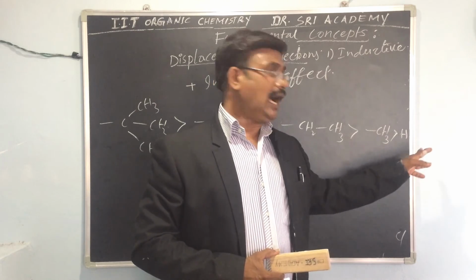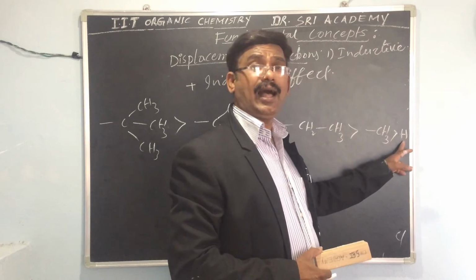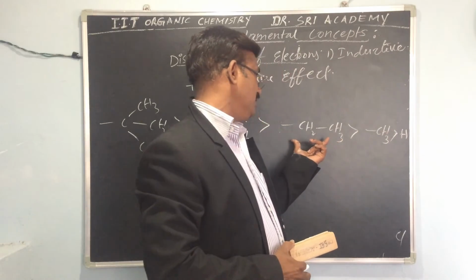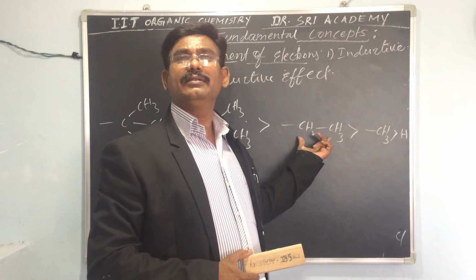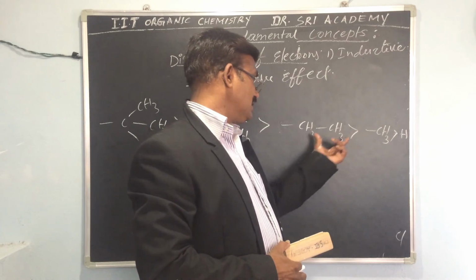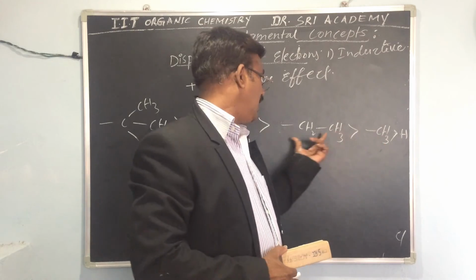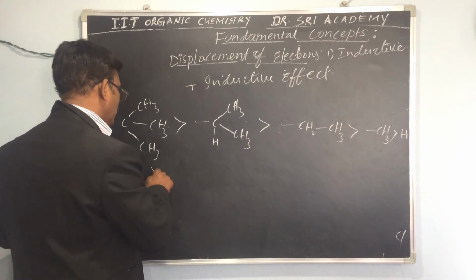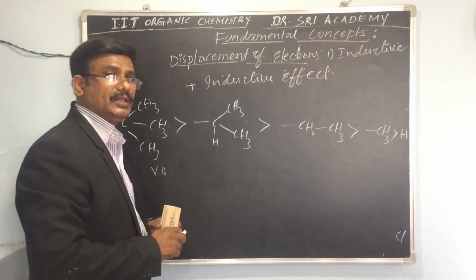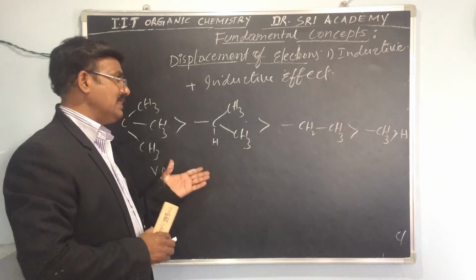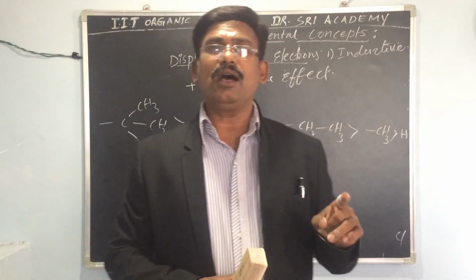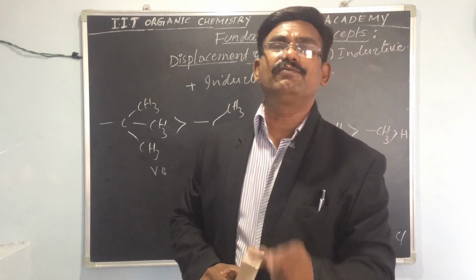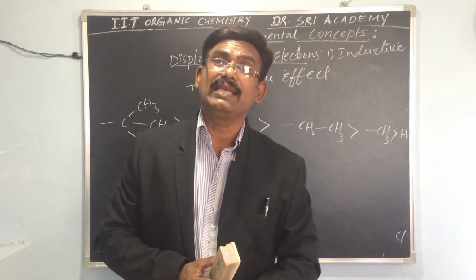And methyl is a bigger size than the hydrogen. Ethane, here, so this is a bigger size than this one. And this one is even bigger than this one. And finally, this is a very big one. So among the same type of alkyl groups, increasing the size of the group increases the plus effect.